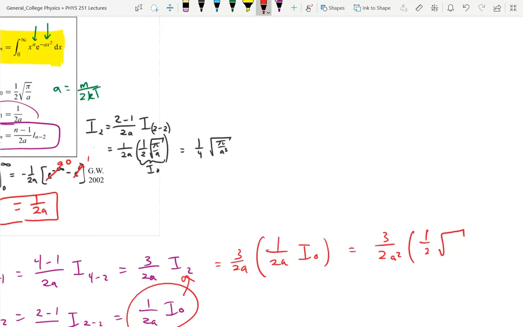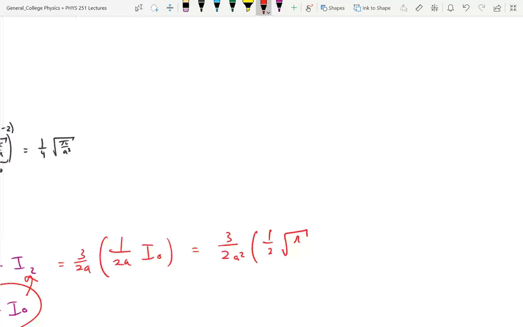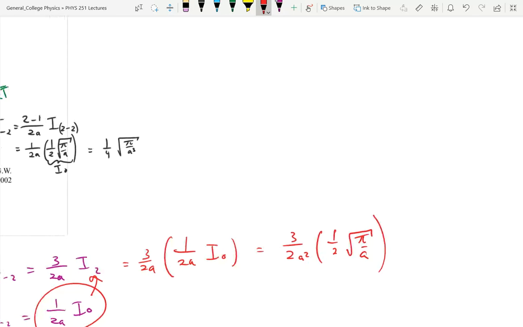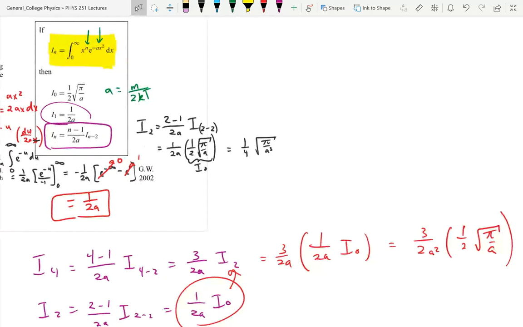Got to remember, it's pi over a, that's an a on the bottom. And so that's what I have for I4. Yeah, you go through iterations to get down. It's the classic recursive function.